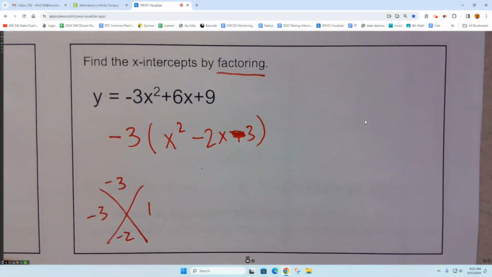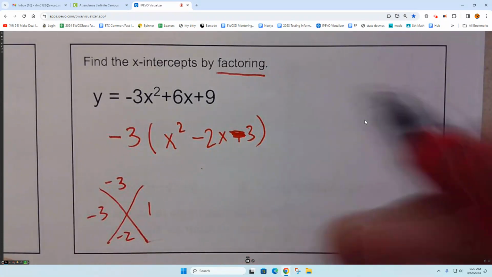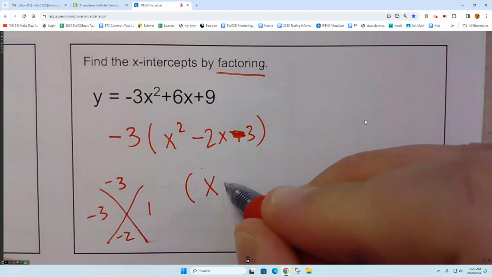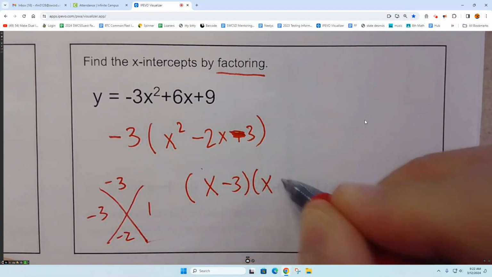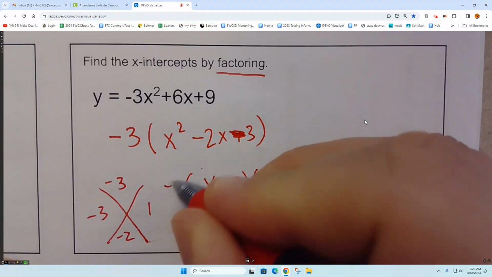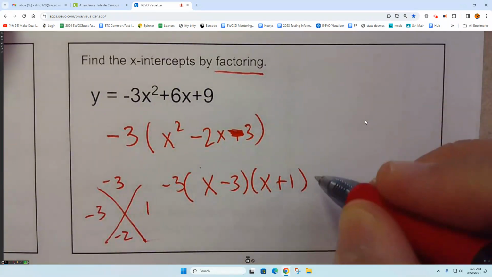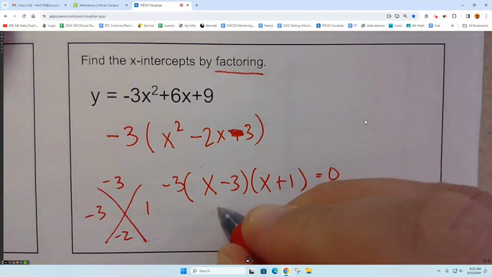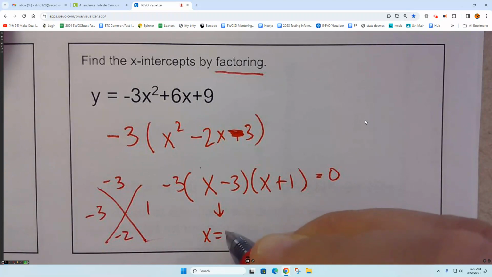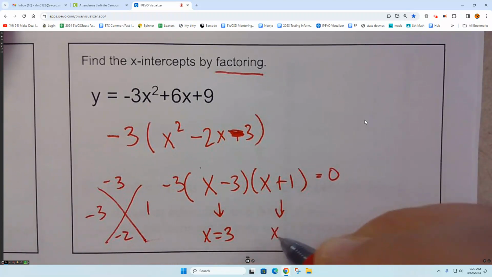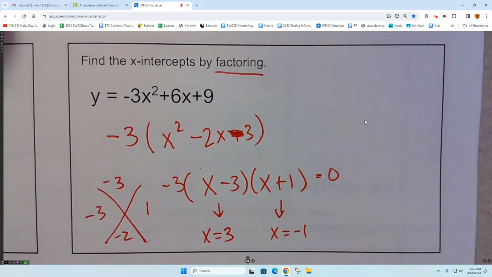Someone the other day wanted to say, these are the answers to this problem. We have to actually factor this for 2 reasons. 1, if you don't, you're going to lose some points. And 2, you might make a mistake. The question is, when does this equal 0? This equals 0 when x equals 3 and when x equals negative 1.